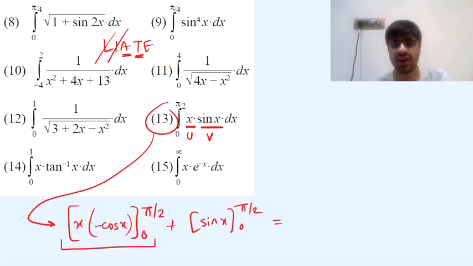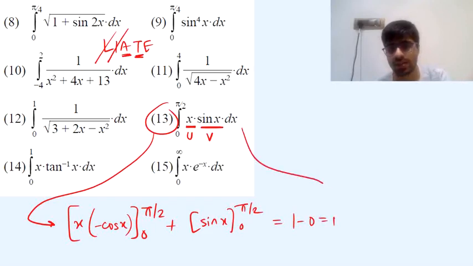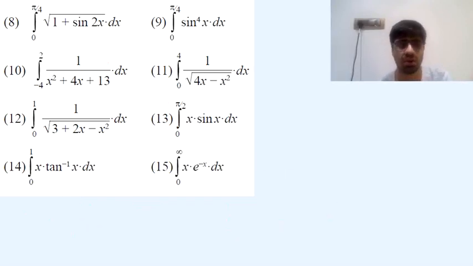So this bracket evaluated is going to give you 0 minus 0, which is equal to 0 only. So we are not writing this bracket any further. We will continue with evaluating this bracket. That will be sin pi by 2 minus sin 0, that is 1 minus 0, which is equal to 1. And that's the final answer for the 13th question.